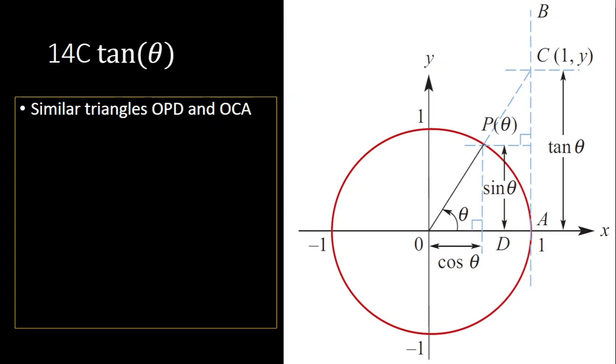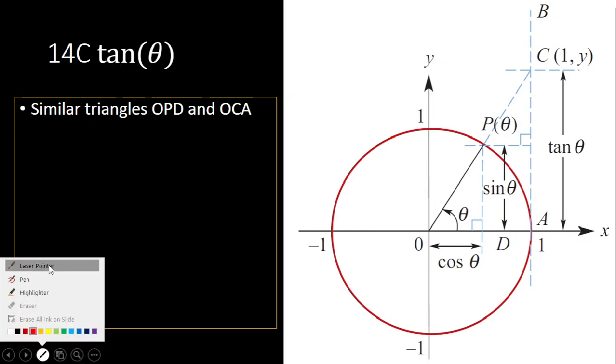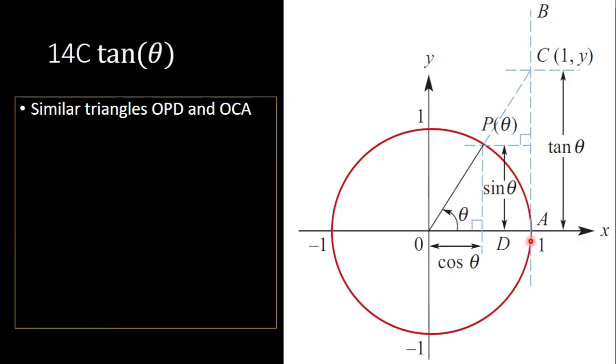So again, on the picture that you can see on your screen, you do have a circle of radius 1, which we call the unit circle. P is a variable point on the unit circle.